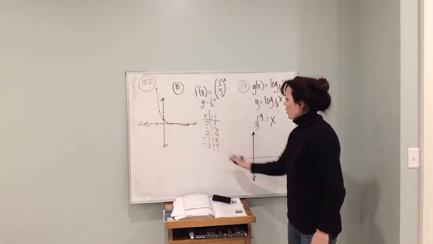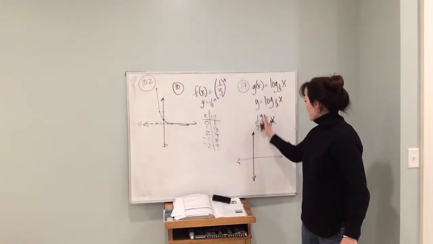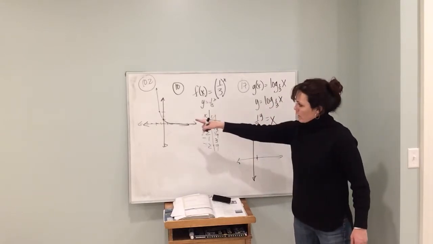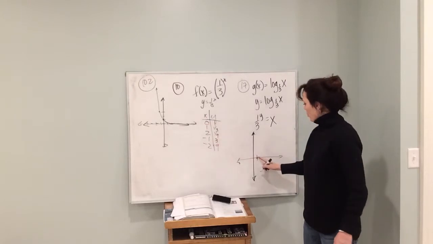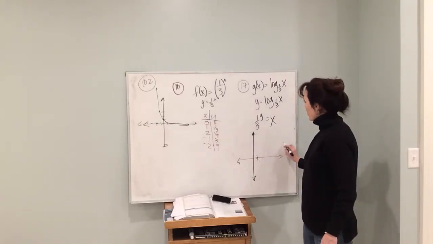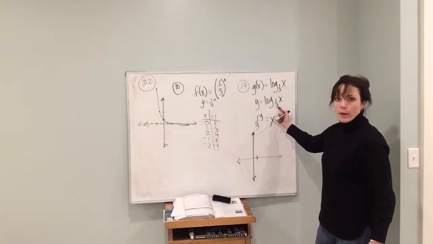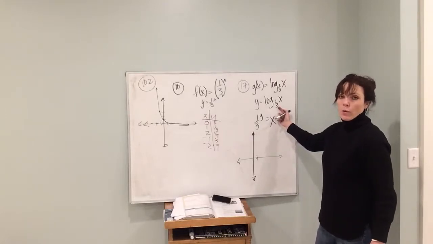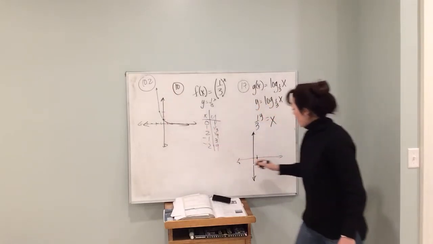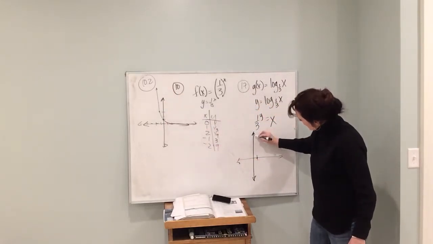So in order to graph it, all we need to know is that an inverse, or this logarithm graph, is going to go through, instead of 0, 1, it's going to go through 1, 0. And this would rise up to the right if I had a bigger number right here, something greater than 1. But it's not. It's a 1/3. So like this one comes down, this one's also going to go down.